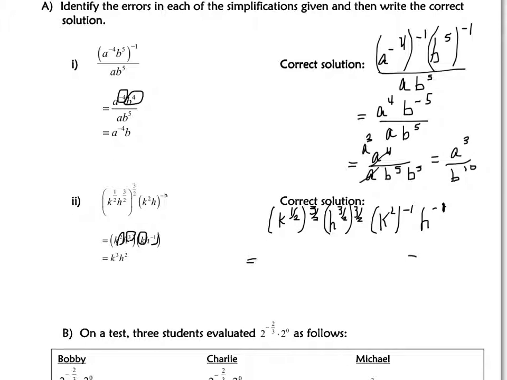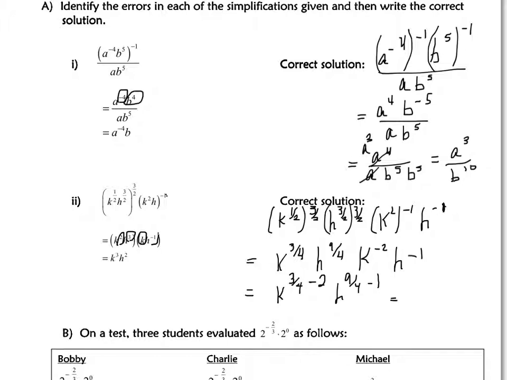So that would give you k to the 3 over 4, h to the 9 over 4, k to the negative 2, h to the negative 1. And then I can add the exponents, so k to the 3 over 4 minus 2, plus a negative 2, right? H to the 9 over 4 minus 1, because plus a negative 1 would be minus.